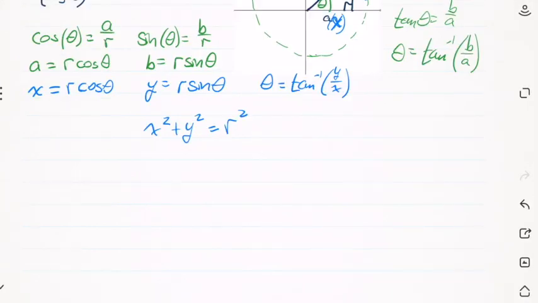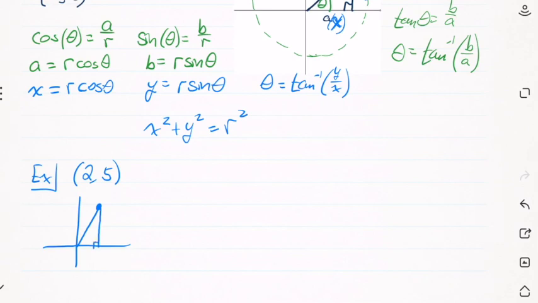So for example, let's look at a simple point, (2, 5). If you want, we can plot it rather quickly. 2 to the right, 5 up, and our triangle would look like this. Now, if you ever get confused between polar coordinates and rectangular coordinates, I highly suggest drawing the picture, especially when it moves into the second quadrant and beyond, second, third, or fourth.